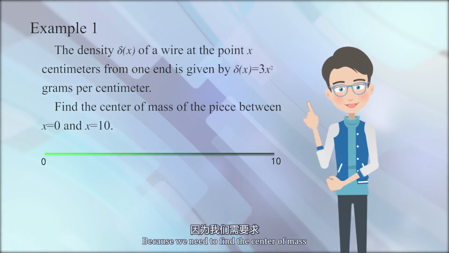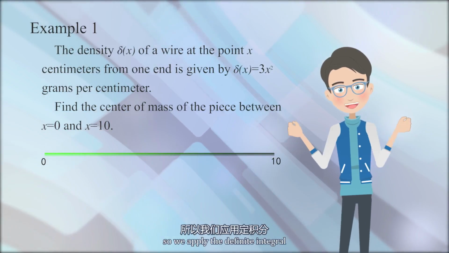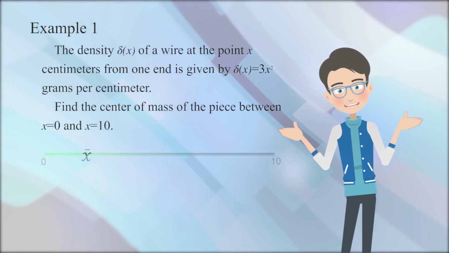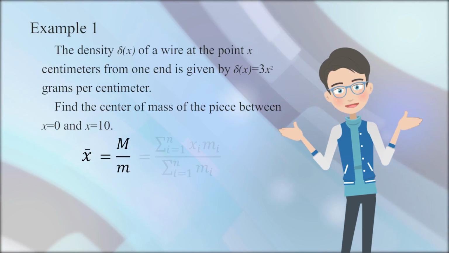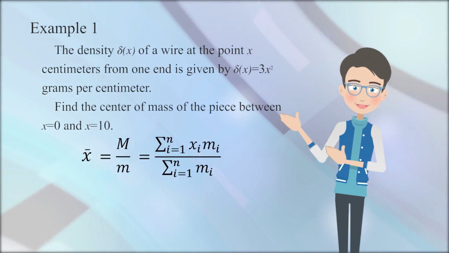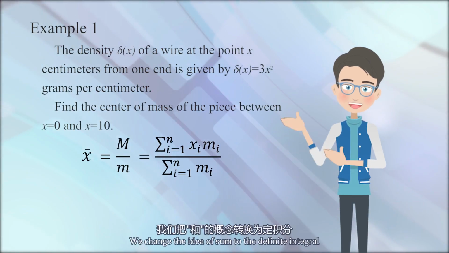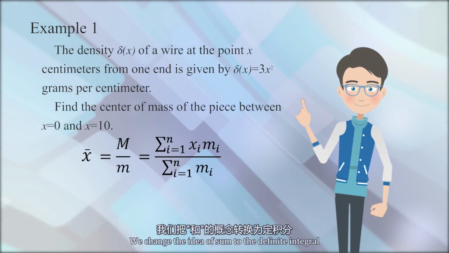Because we need to find the center of mass for a continuous mass density, we apply the definite integral, similar to the formula for point masses. x bar equals capital M over little m, which equals the sum of x_i times m_i over the sum of m_i. We change the idea of sum, sigma, to the definite integral.